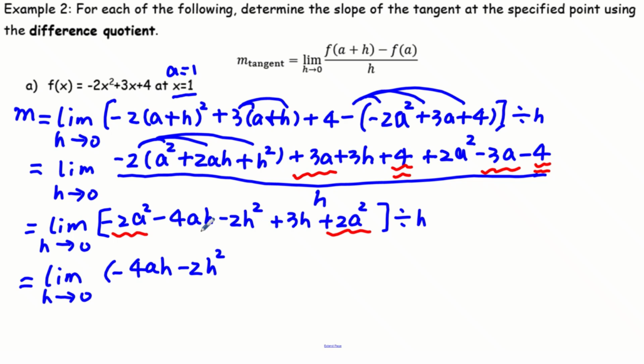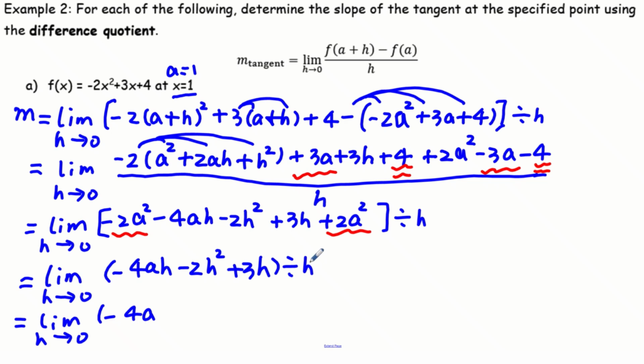Just copy these three terms down here, then divide by h. So we are going to divide each of the three terms by h. Then -4ah divided by h cancel out, you have -4a left.